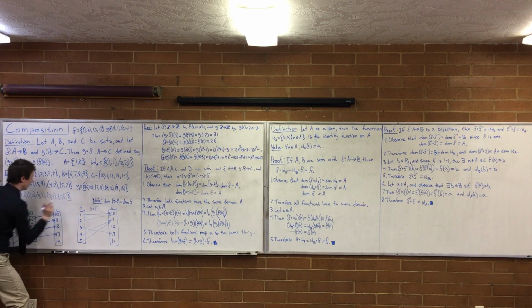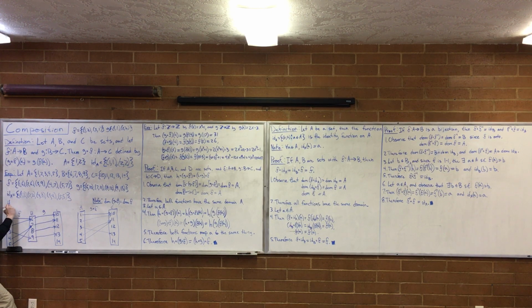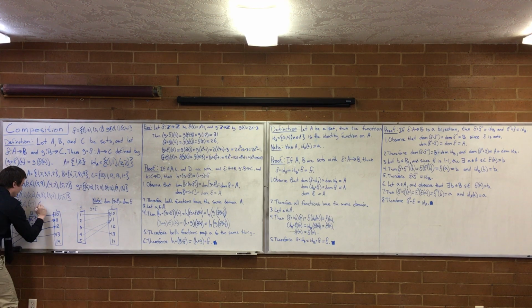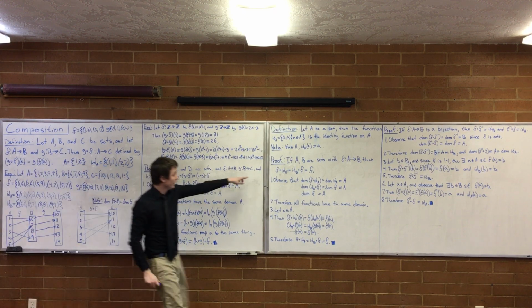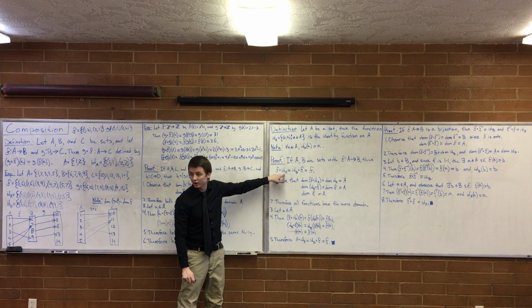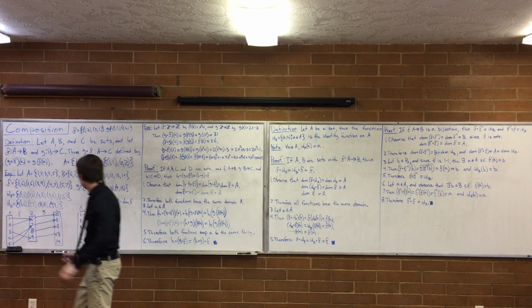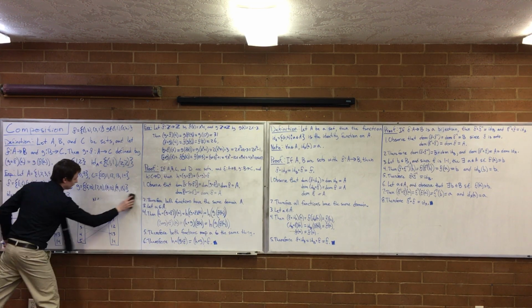Okay, so there's the identity on A. And now the identity on B. We have 6, 6, 7, 7, 8, 8, 9, 9. Okay, so now let's look at f composed with the identity on A.